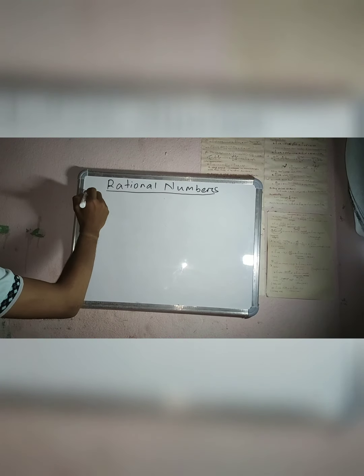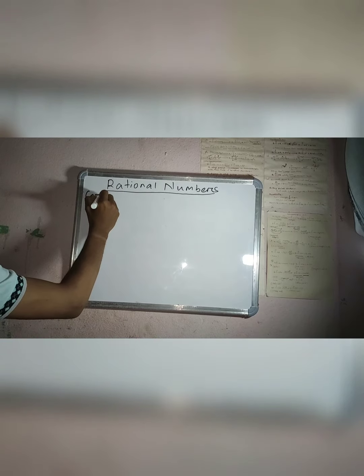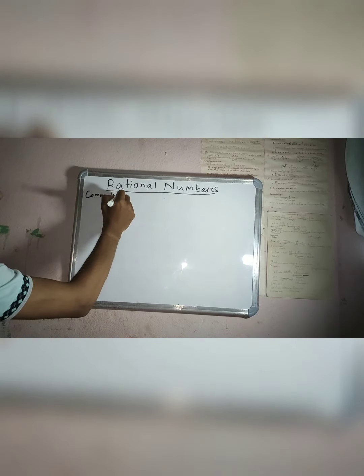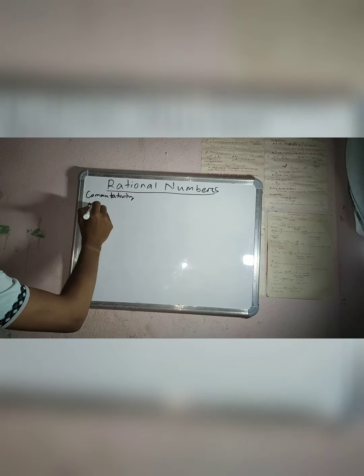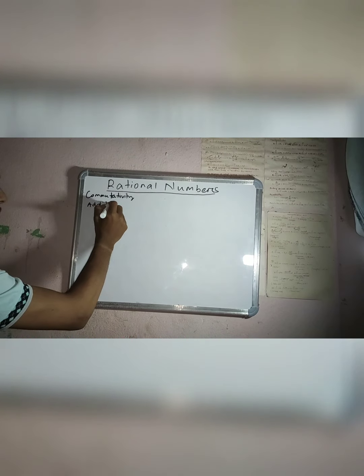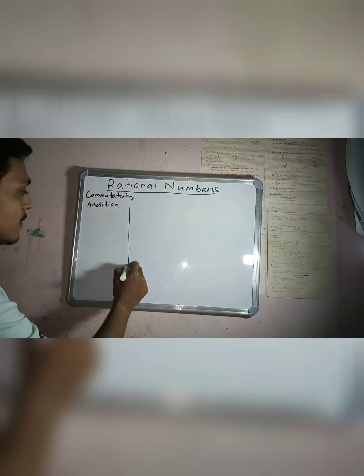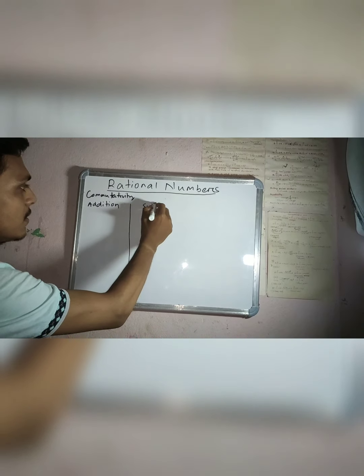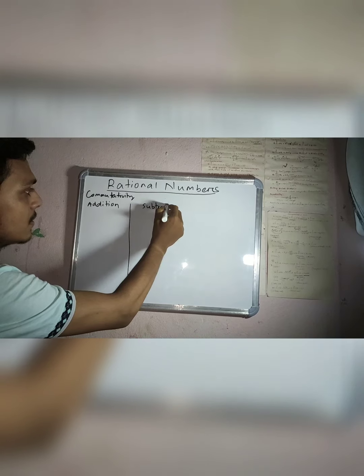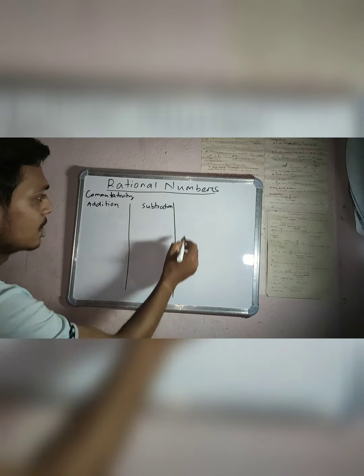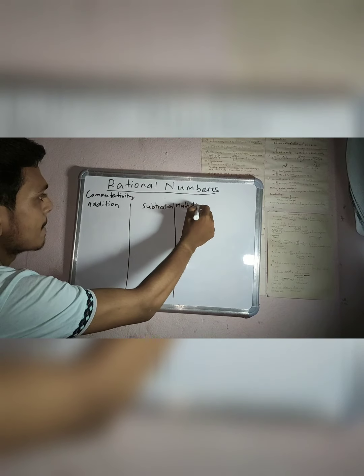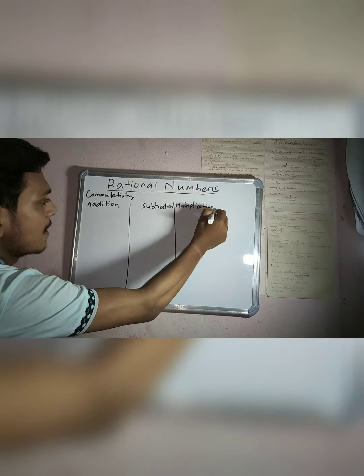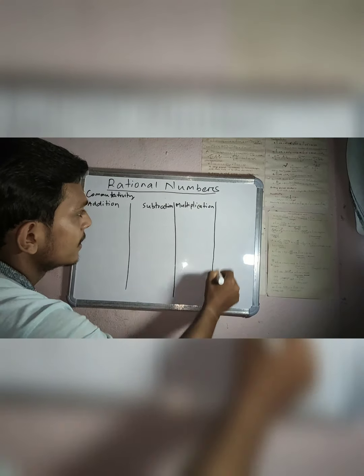The property is commutativity. The first operation is addition. It is represented in a table: addition, subtraction, multiplication, and division.